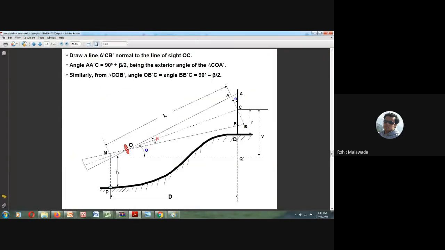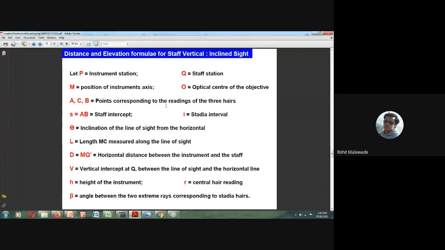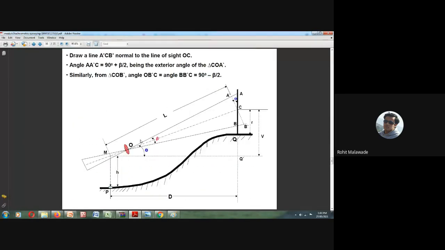Then we will see A, C, B corresponding to the readings of the three crosshairs. When I place this instrument in an inclined position, M is the exact center point of the trunnion axis or the center point of the instrument, right? I will be looking at the staff AQ that I have placed.